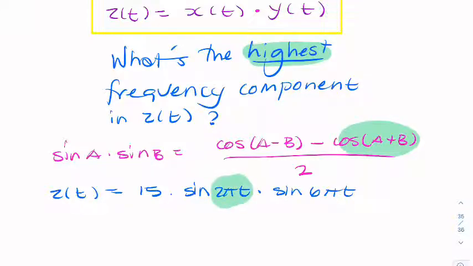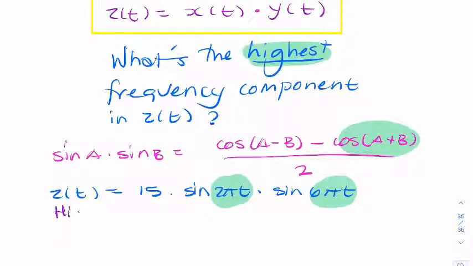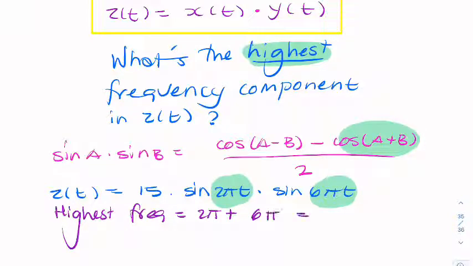So if that's our A and that's our B, then the highest frequency will be equal to the sum. So A plus B. So it'll be 2 pi plus 6 pi equals 8 pi.